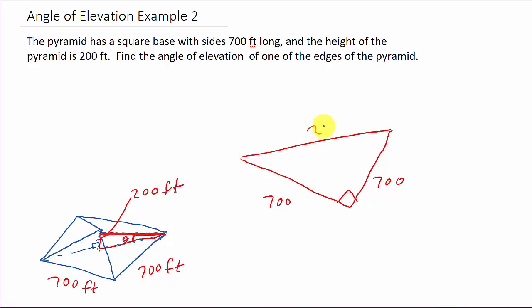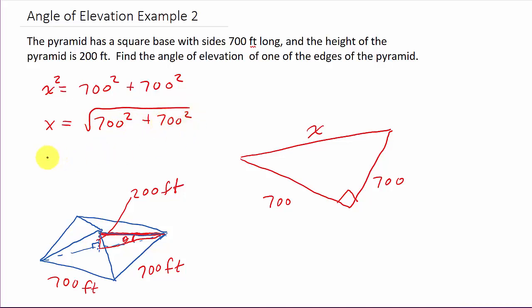And I'm looking for this. Well, this is the hypotenuse. I can just use the Pythagorean theorem. So I know x squared is equal to 700 squared plus 700 squared. So x is the square root of 700 squared plus 700 squared.